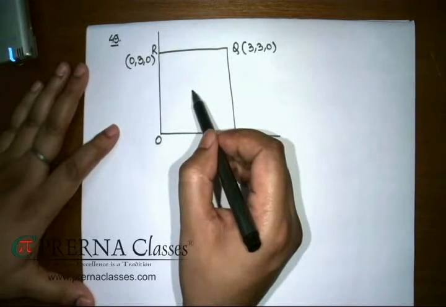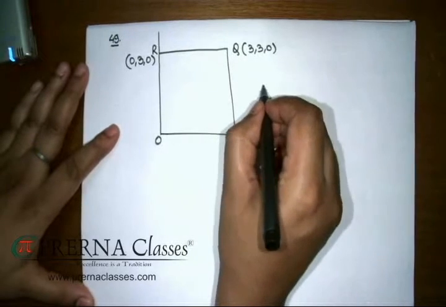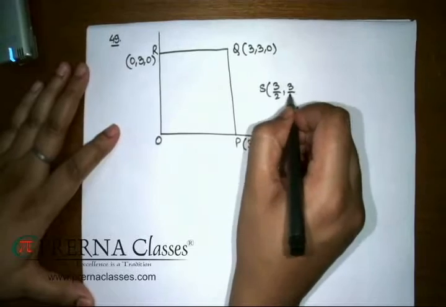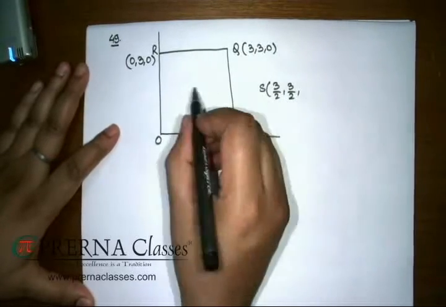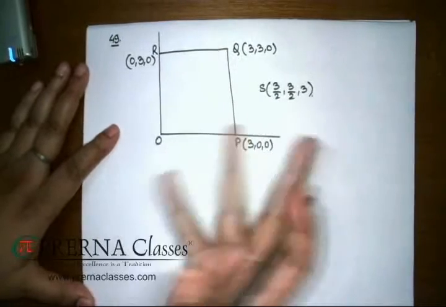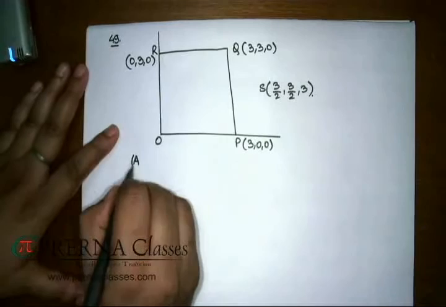And since the fourth vertex S is exactly above the midpoint of this diagonal, I can claim that midpoint is 3 by 2, 3 by 2, 0. But then since S lies above it exactly 3 distance units from this plane, the coordinate of S is going to be this much.